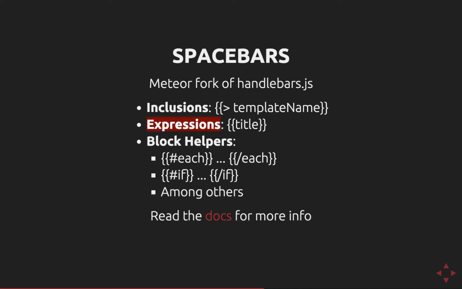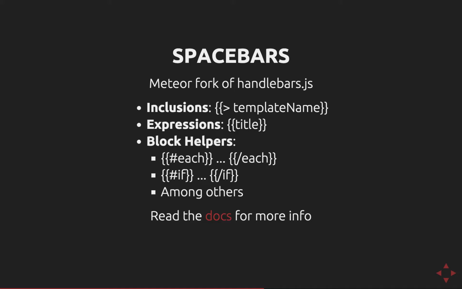There are expressions, so if you put that in HTML, like wrap it in a p tag, whatever the title is for that context would get rendered to the page. It would just be hot swapped in. We'll show you an example that should clear things up if you're confused. And then block helpers. You can do things like for each item in a post list, render this template or render this HTML string.